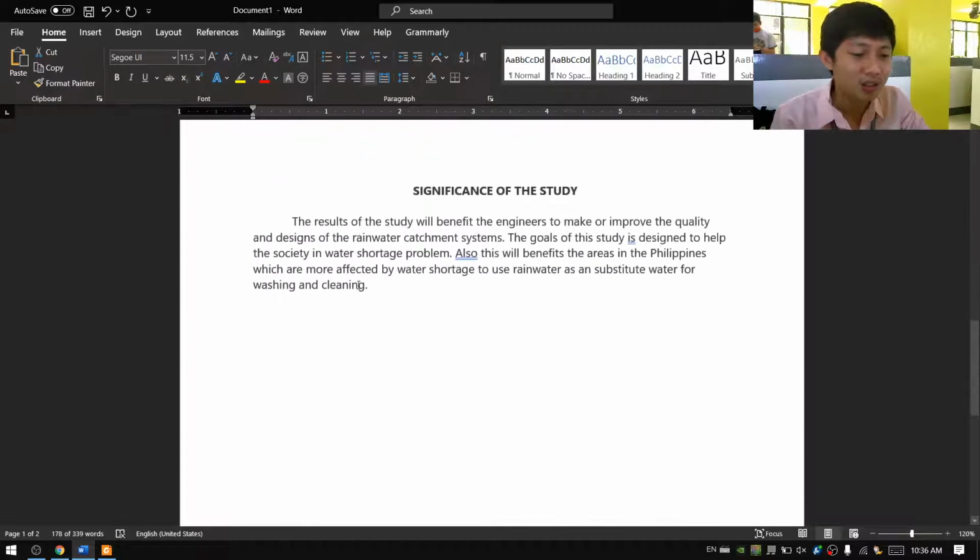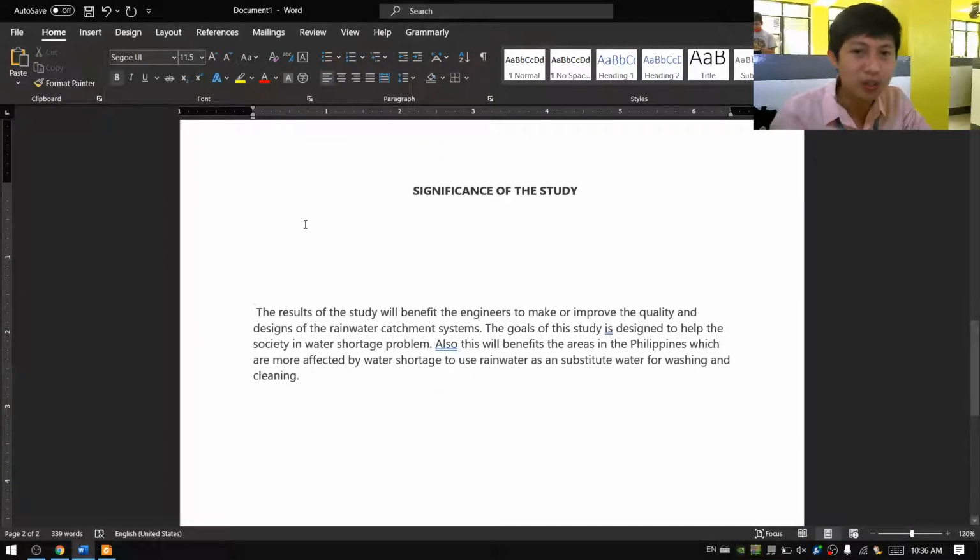So, based on what you already have written, the significance of the study should go like this.